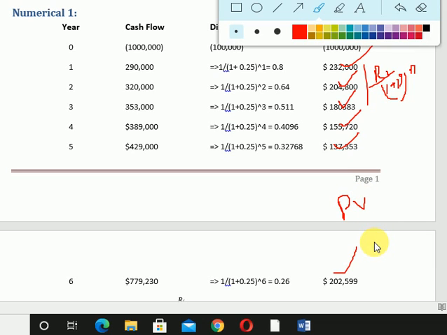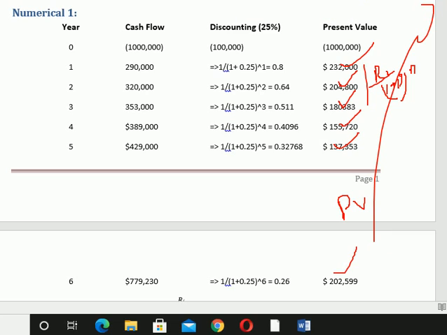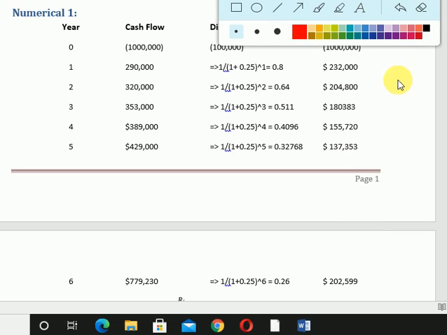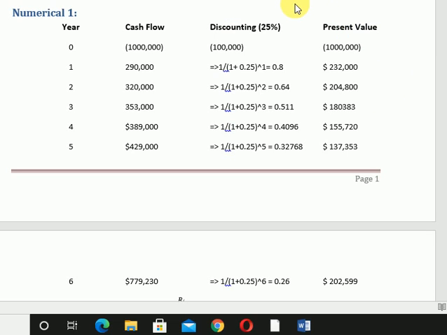Clear now? So if we look at the formula, it says summation of Ri divided by (1 plus i) raised to the power n, minus I naught. I naught means the initial investment of the project, the cost of the project. So 1 million is I naught, or C naught, C0.